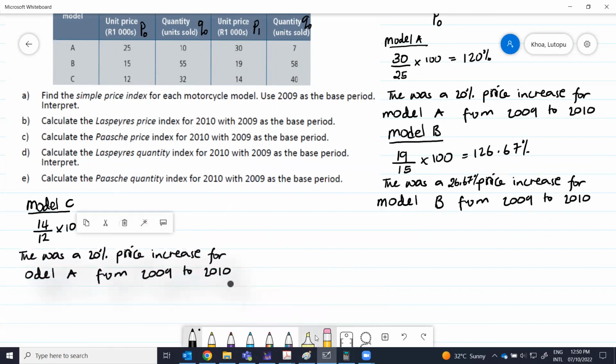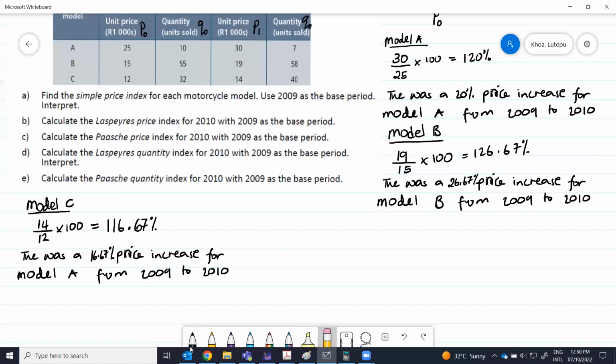And you say that there was a 16.67% price increase for model C from 2009 to 2010. Okay, so that's how we work out A.